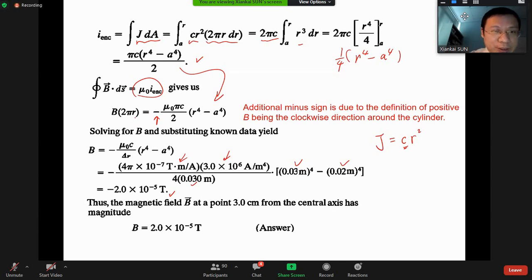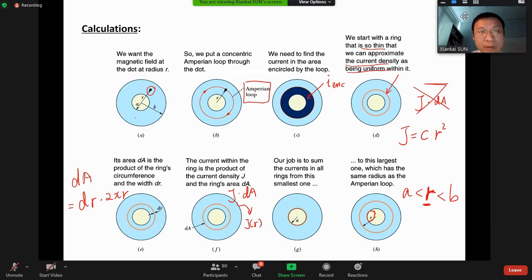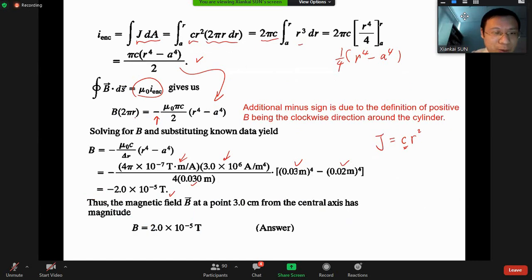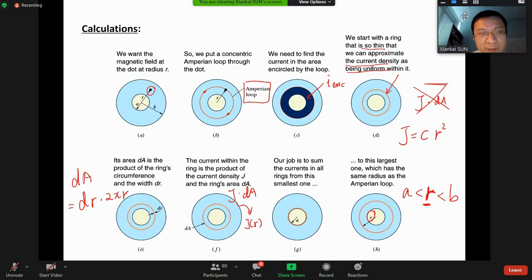Because of the definition of the direction of the Ampere loop, we get B equal to minus 2.0 times 10 to the negative fifth power. That's because of the minus sign.